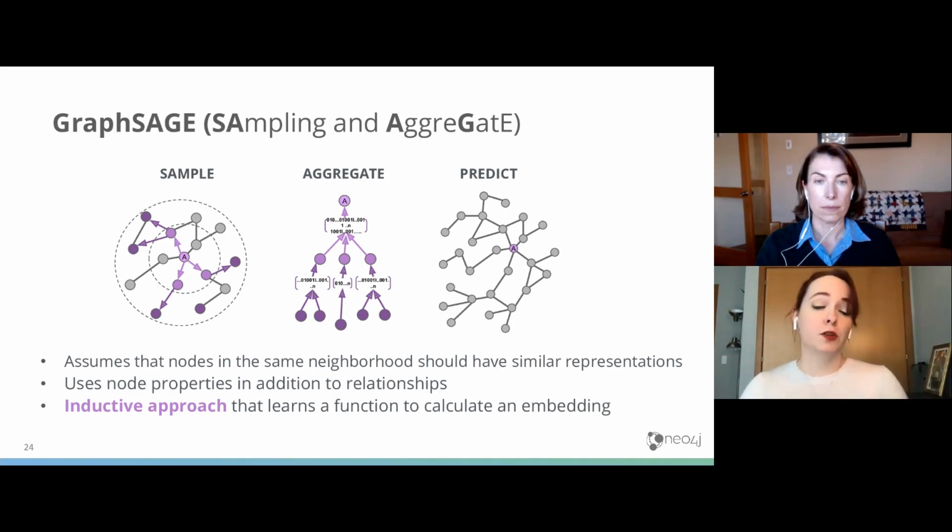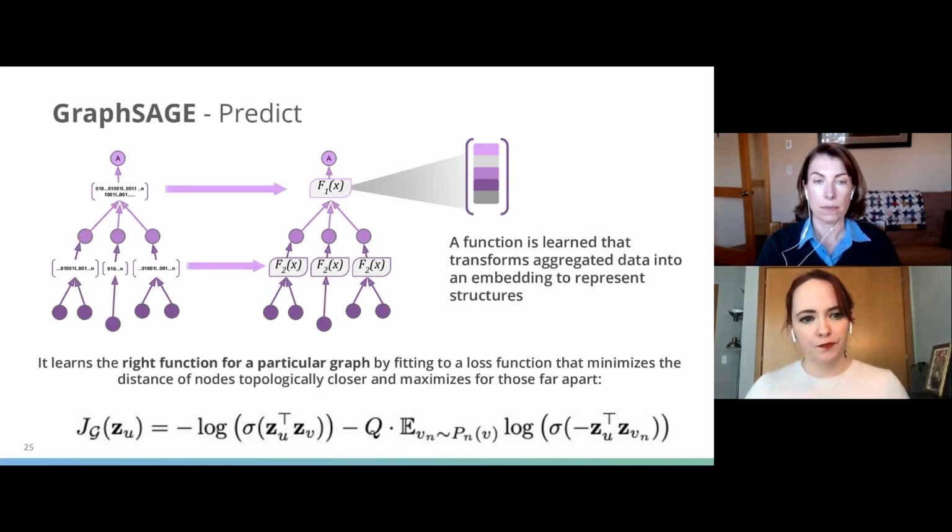And then you predict, where you fit a loss function that says, given my neighboring nodes and their properties, let me come up with a model that makes nodes that are close to each other in the graph similar and further away from each other in the graph different. Basically, a GraphSAGE embedding should be able to reconstruct that these nodes are close together in the graph and these nodes are further away, using both topology and properties.